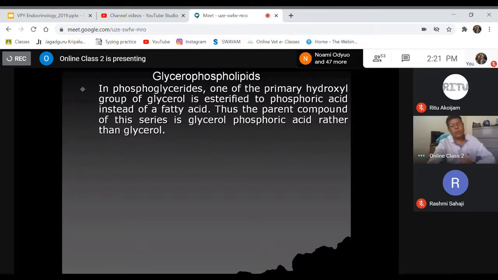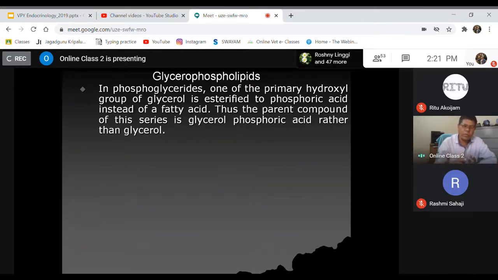Glycerophospholipids. In phosphoglycerides, one of the primary hydroxyl groups of the glycerol is esterified to phosphoric acid instead of fatty acid. While discussing triacylglycerol, we have seen that all three hydroxyl groups of the glycerol are esterified with fatty acids. But in the glycerophospholipid, one of the hydroxyl groups of the glycerol is not directly linked to a fatty acid, but to a phosphoric acid.